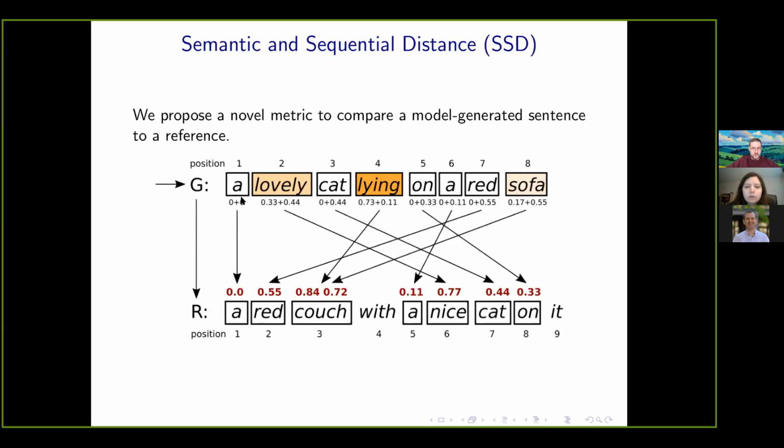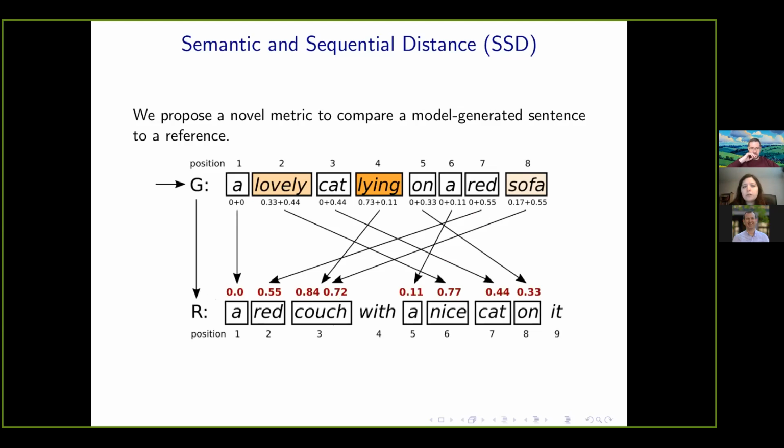But then we also see there is a sequential distance as well. So here A is in the same position, but sofa is here, and couch is here. So there is some positional distance here as well. So we also add a relative positional distance into the embedding distance. We add everything up and we end up with a single unbounded value, which is a distance score.